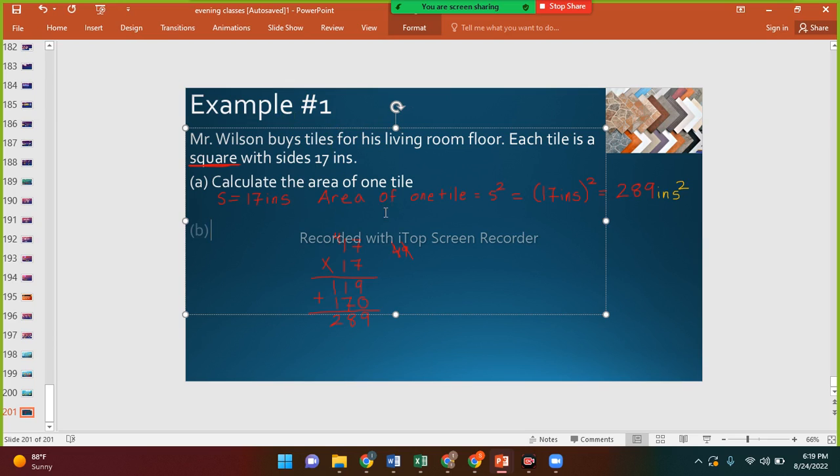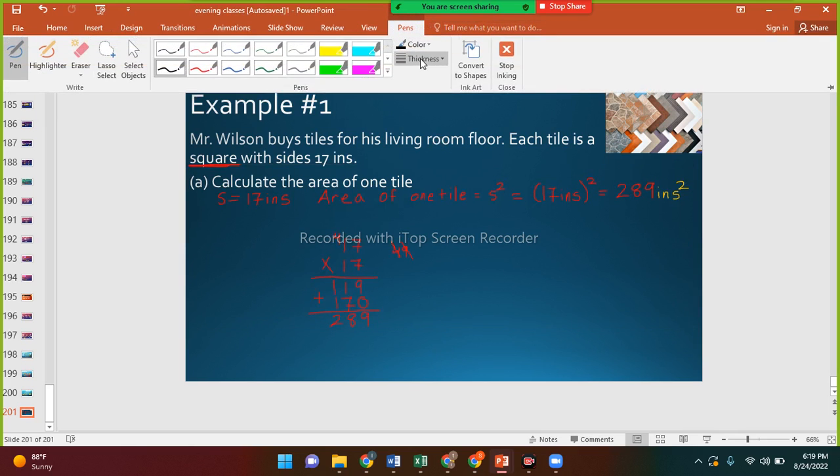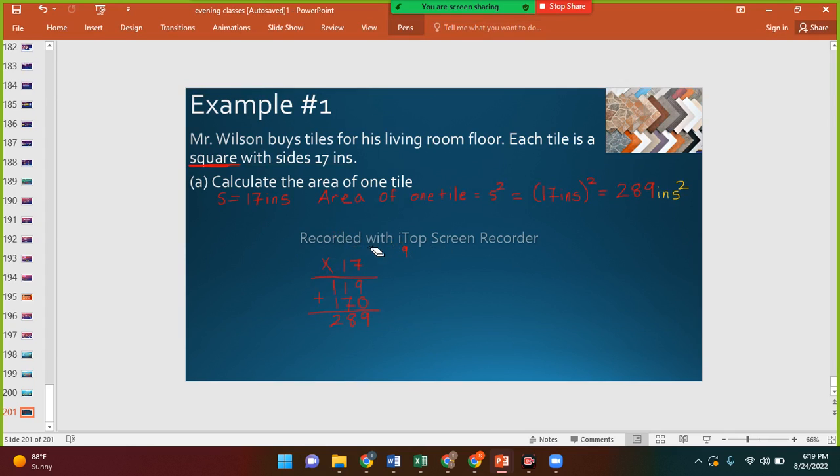But I'm just showing you for the first time. Okay. So for the area of a square, whatever the side is, we multiply it by itself. Okay, so let's move forward.